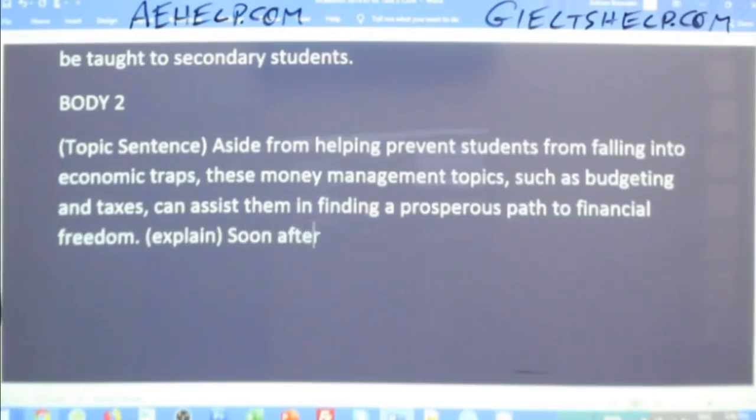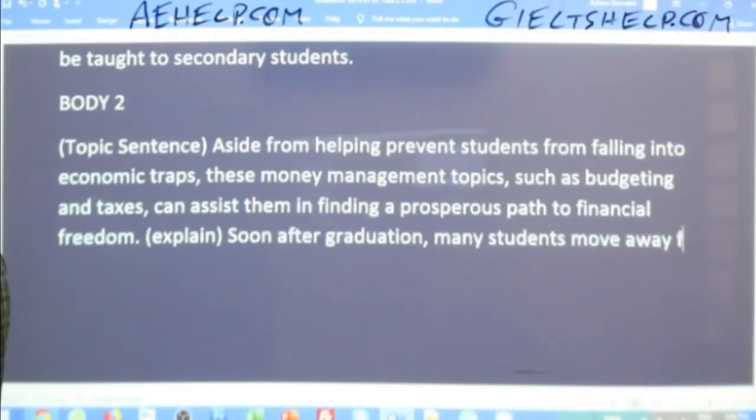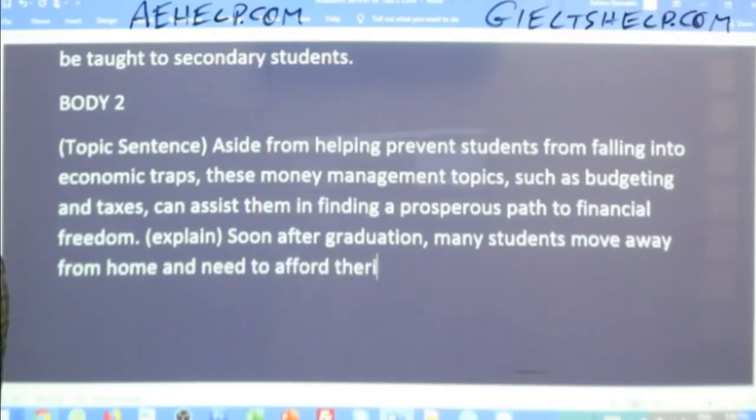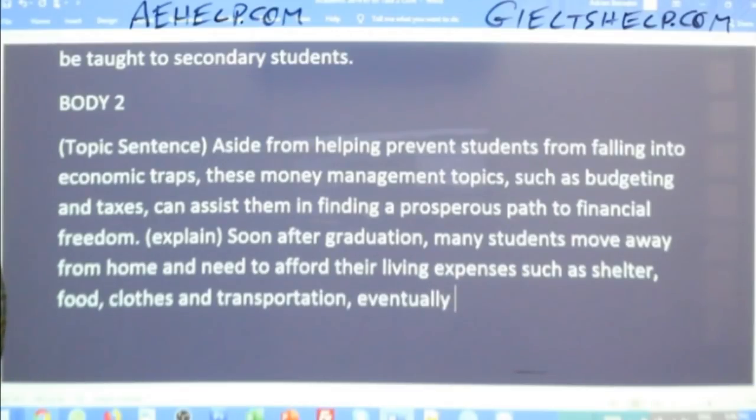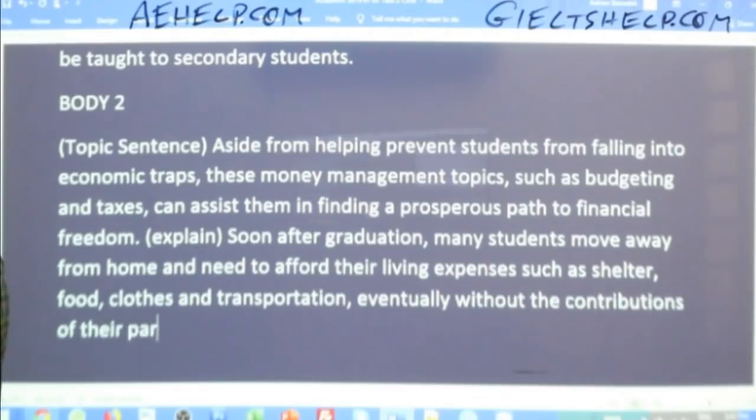Soon after graduation, many students move away from home and need to afford their living expenses, such as shelter, food, clothes, and transportation. Eventually, without the contributions of their parents.